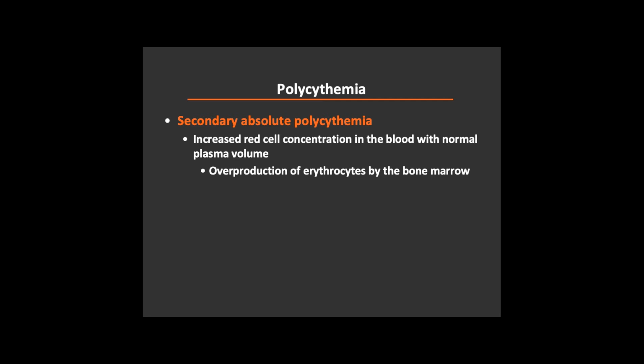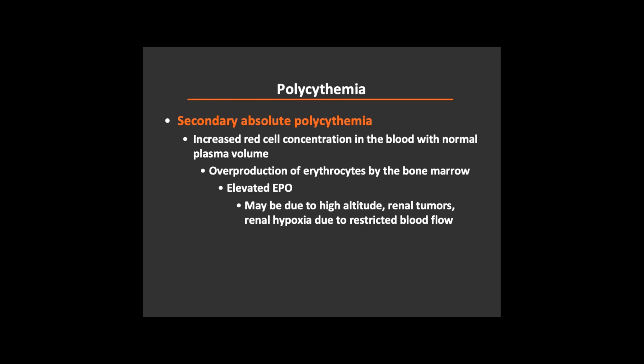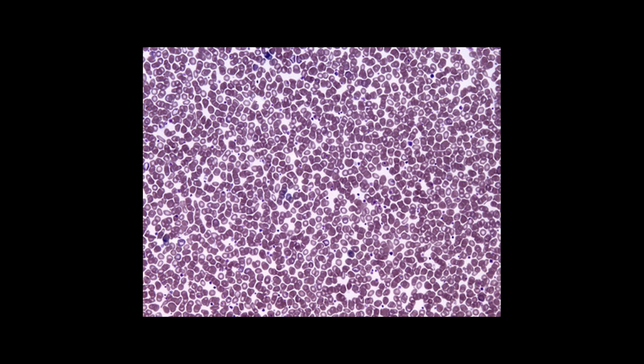And this is overproduction of the erythrocytes by the bone marrow, but erythropoietin is elevated, and that elevation could be due to, for instance, you go to high altitude and experience hypoxia. You could have renal tumors. There could be restricted blood flow to the kidneys, and so hypoxia has occurred in the kidneys, and all of this is elevating erythropoietin levels, and now you can see all the excess production of our red blood cells.